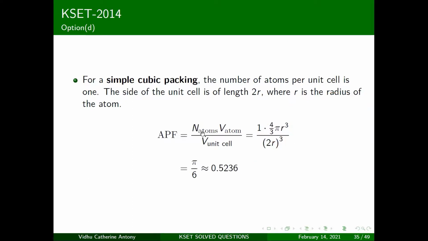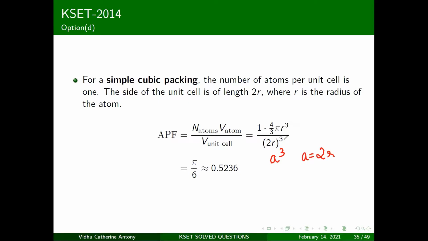Here you have the number of atoms in the unit cell times the volume of the atom, divided by the volume of the unit cell. Since the unit cell is a cube, you have a cubed, but we earlier found out that a is equal to 2r.